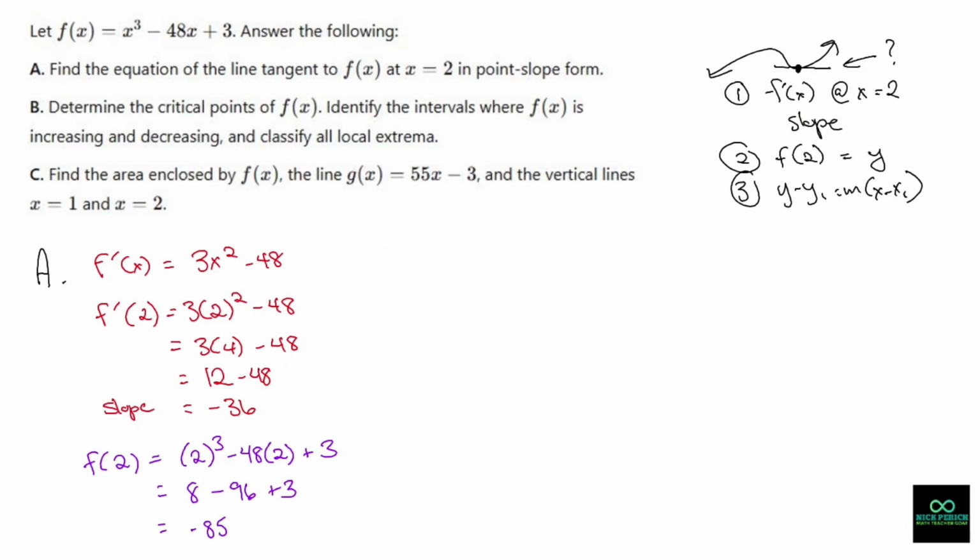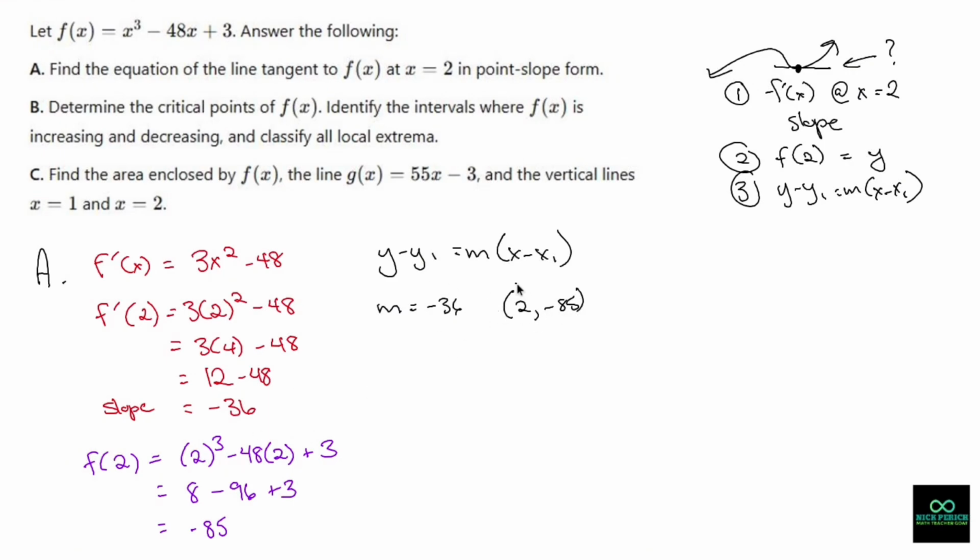So we have y minus y sub 1 equals m times the quantity x minus x sub 1. We have a slope of negative 36. We have a point at 2, negative 85.